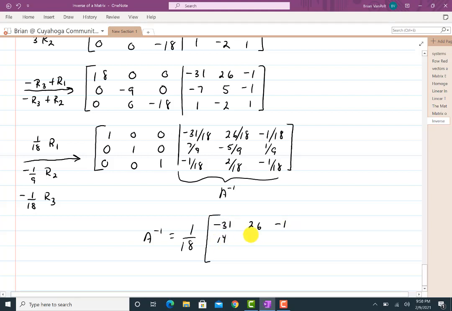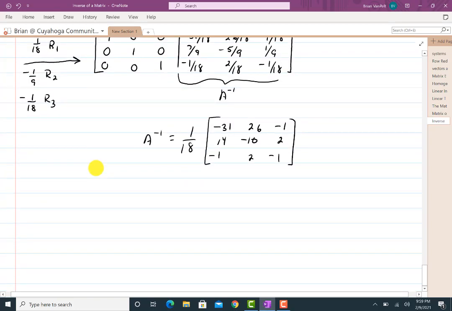So 14, negative 10, 2, and then my last row, negative 1, 2, negative 1. You can check that my A times A inverse is the same as A inverse times A, which is the 3x3 identity matrix.